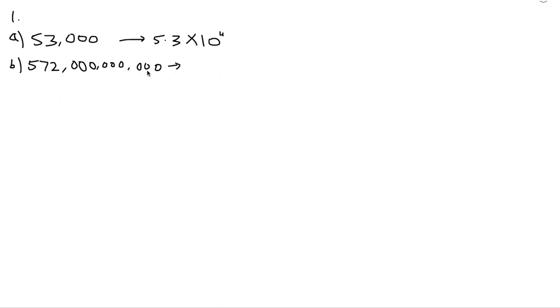We have 9 zeros here. If you put the decimal point here, after the 2 decimal digits, so 9 plus 2, 11. So the answer is 5.72 times 10 to the power 11. This is the answer.